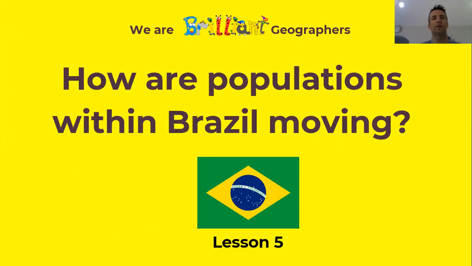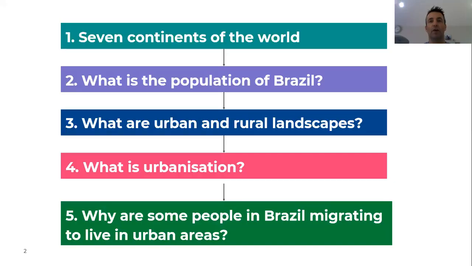Okay, so our learning question today is how are populations within Brazil moving? And in this lesson, first of all, we're going to recap those 7 continents, which you're getting really good at now. And we're going to be thinking about the population of Brazil, so how many people live there.